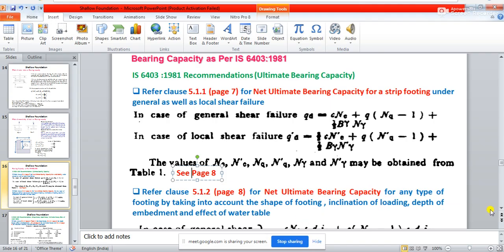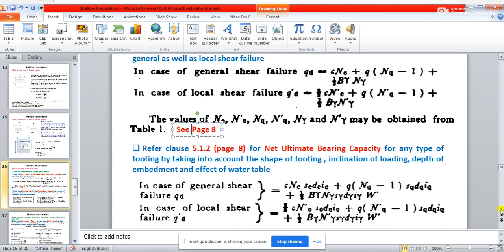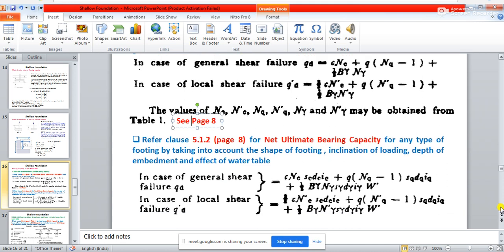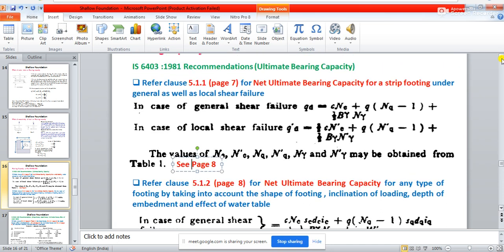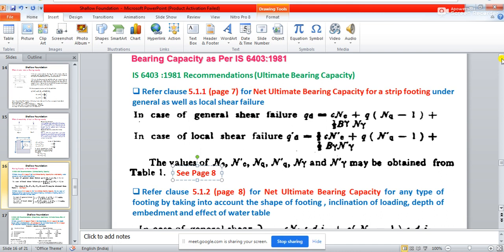So with this conceptual understanding, I think let us stop today, and in the next class we will discuss more about net ultimate bearing capacity and how to take care of other factors in the bearing capacity equation for Indian Standard Code IS 6403.